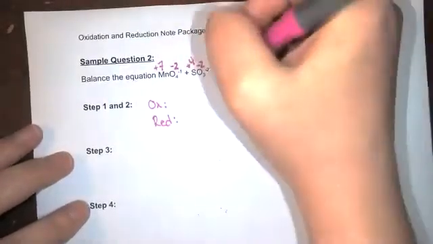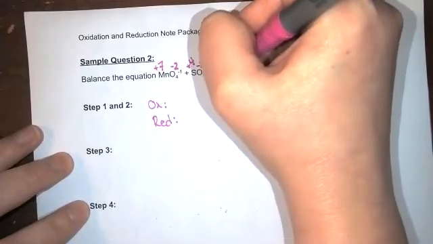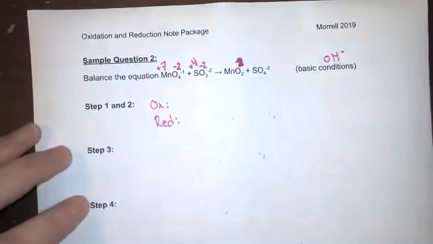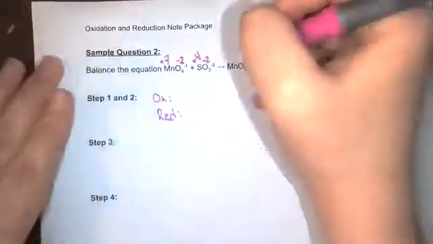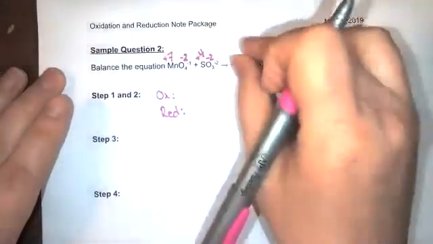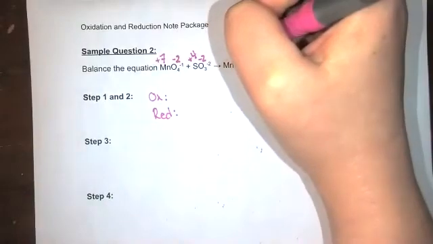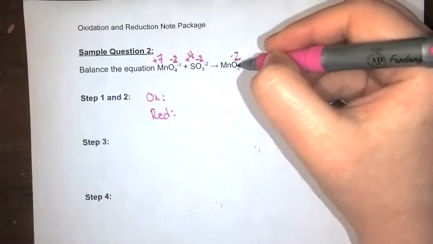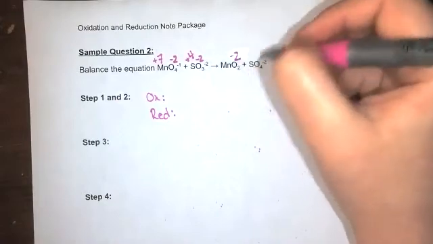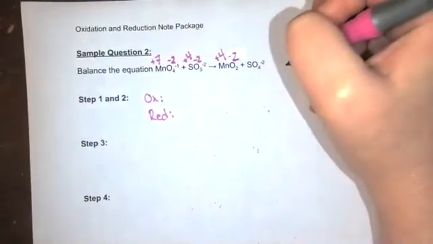On this side, I have -2 for oxygen again, but there's 2 of those, so an overall -4 for my oxygen because it's times by 2, but the overall compound has 0, so my manganese must be +4.